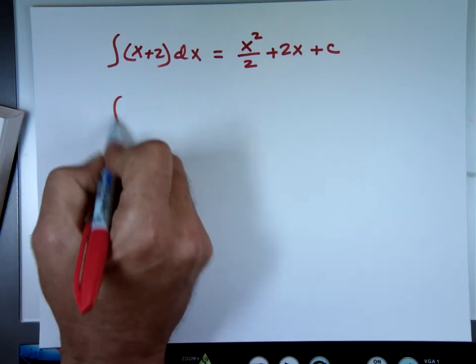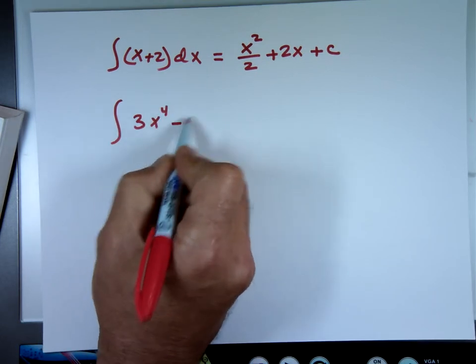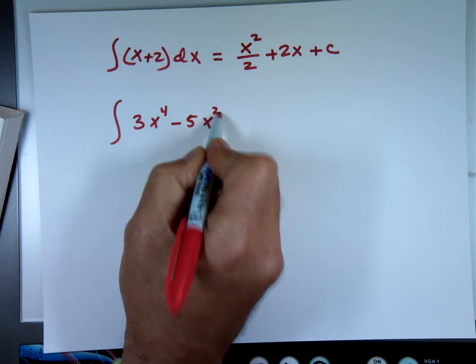What is the integral of 3x to the 4th minus 5x squared plus x dx?